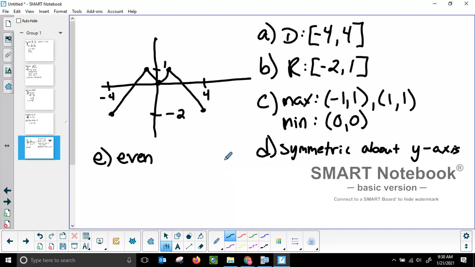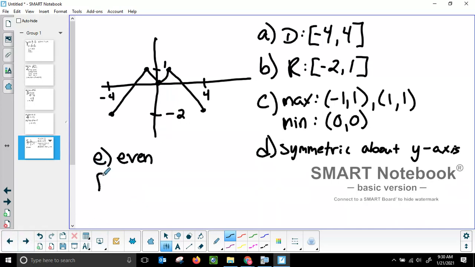And if it's not symmetric about the origin or the y-axis, then it is neither. And just as a side note, if you're symmetric about the x-axis, you're not even going to be a function. You obviously can't be even, odd, or neither if you're not even a function to begin with.